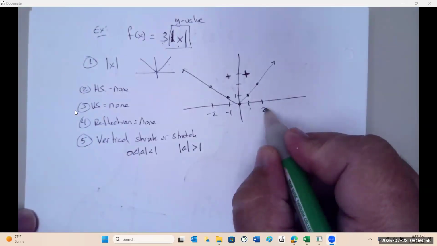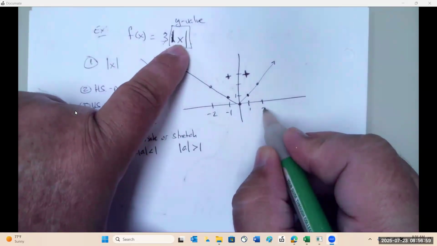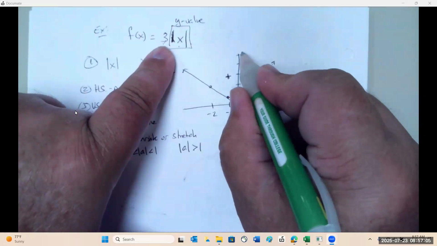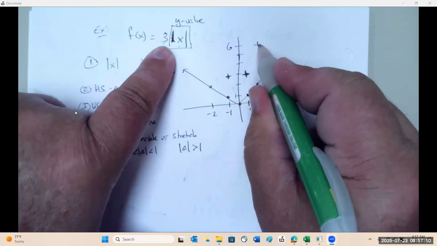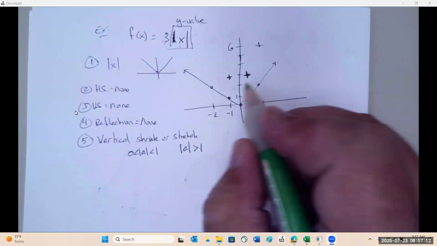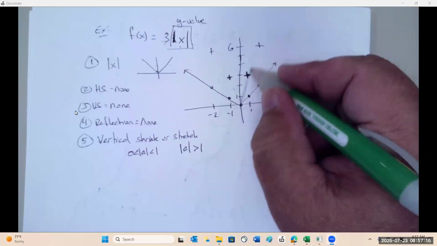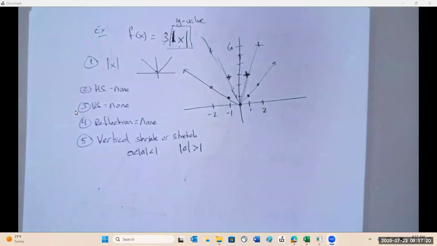When x is 2, the absolute value of 2 is 2. 2 times 3 is 6. So at 2, it goes up to 6. At negative 2, it goes up to 6. So my new graph looks like this.